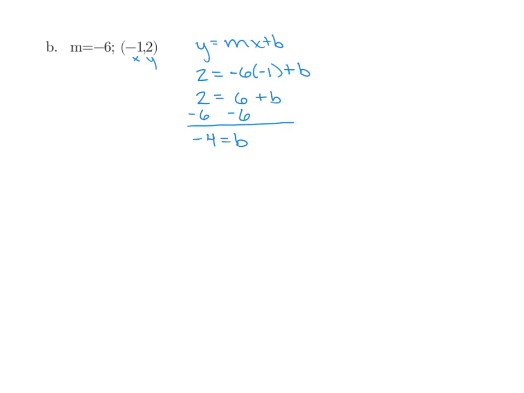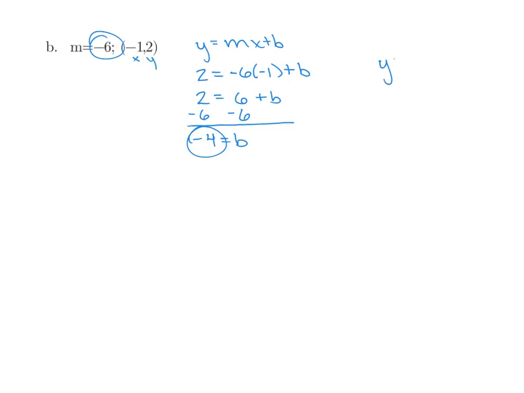Now, this is not the answer, because remember that originally it said write the equation of the line in slope-intercept form. So now what we need to do is take our negative 6 and our negative 4 and plug it back into our formula.